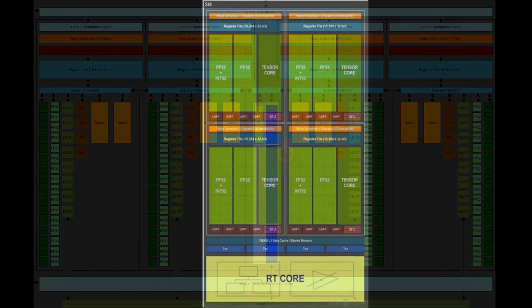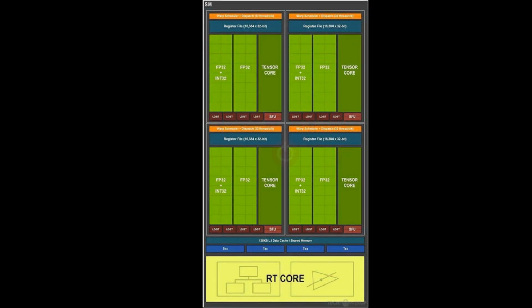So if I'm going to pull up Ampere's SM, which is basically what most tech outlets are touting right now, when you start looking at my pretty basic SM diagram of Turing, and now we start looking at Ampere and the changes therein, you could see the potential for improvement. There truly is a potential for improvement, especially on game developers' end.